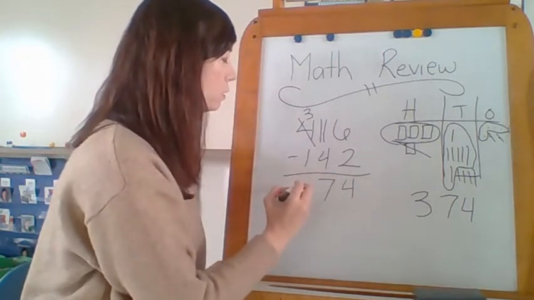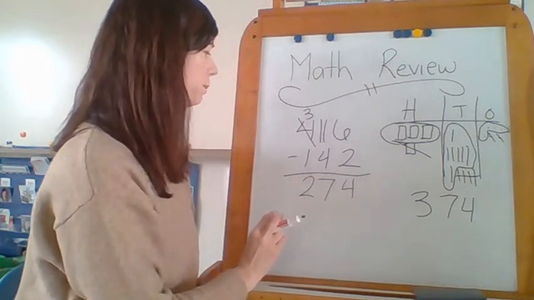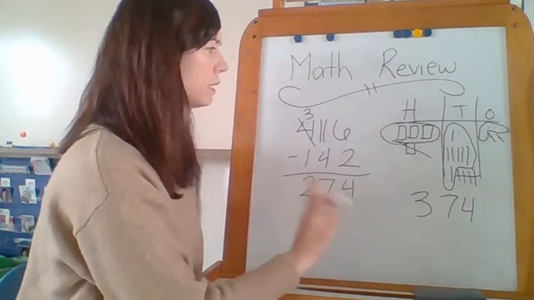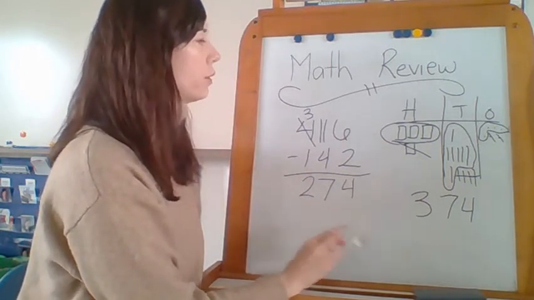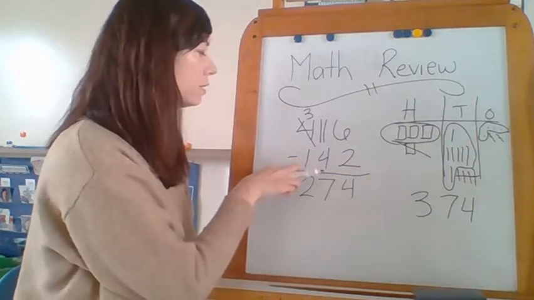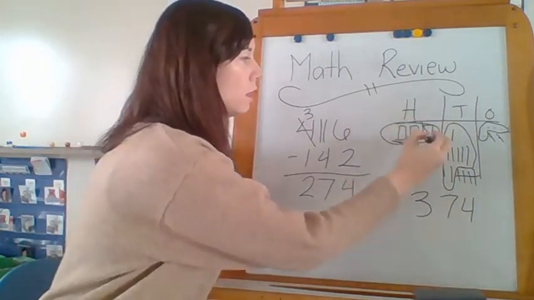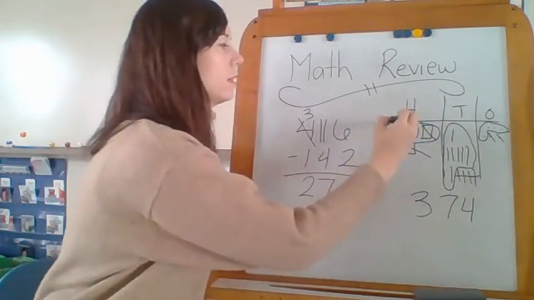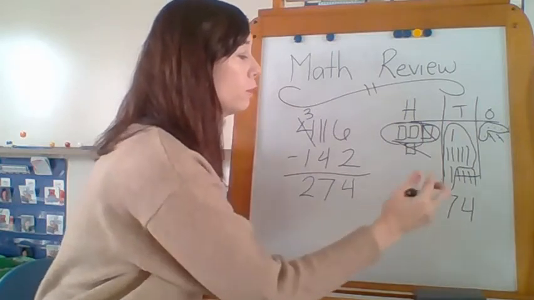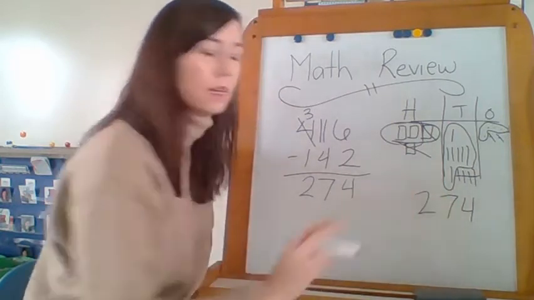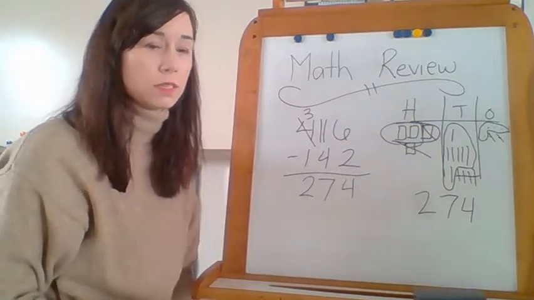And 300 minus 100 is 200. Something did not go quite right here. Oh, you know what? I forgot to also take away 100. There, I think that would be the right answer then. So even Miss Barr makes mistakes, but I want you to make sure you try and check your answers.